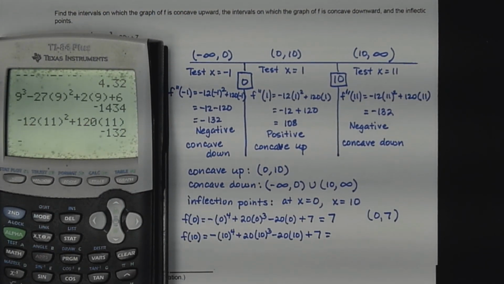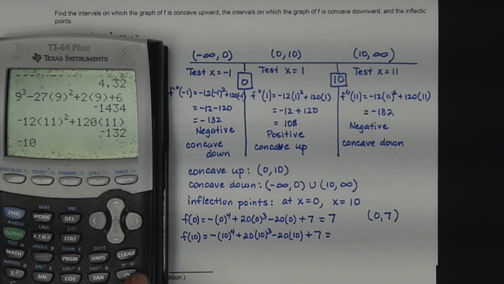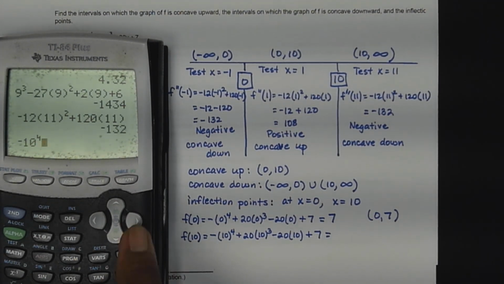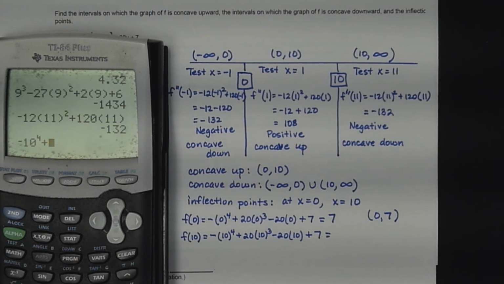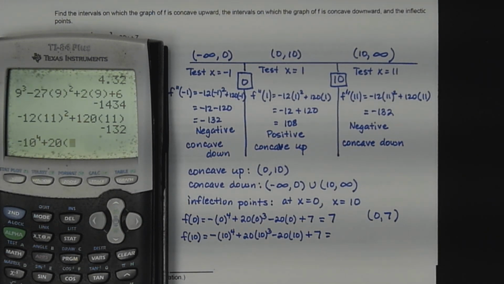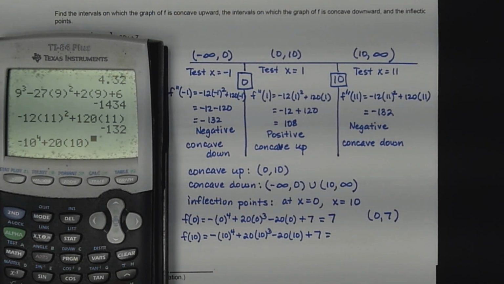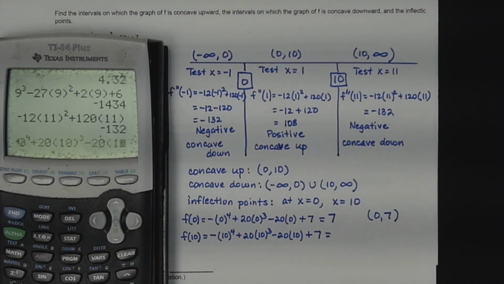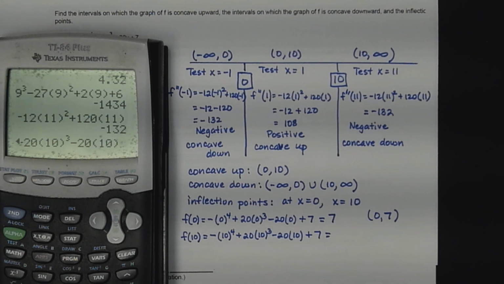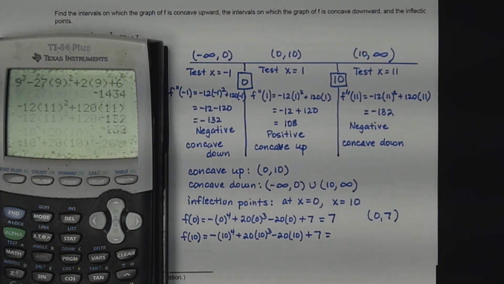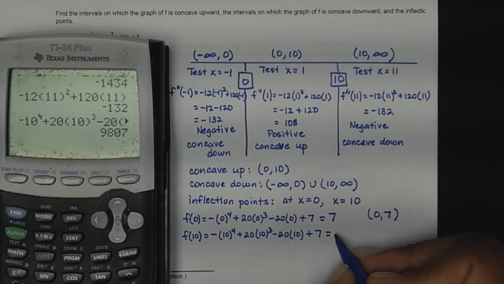Got the negative, just say 10, hat key, 4, plus 20, left parentheses, 10, close parentheses, hat key for the 3, minus 20, left parentheses, 10, plus 7.